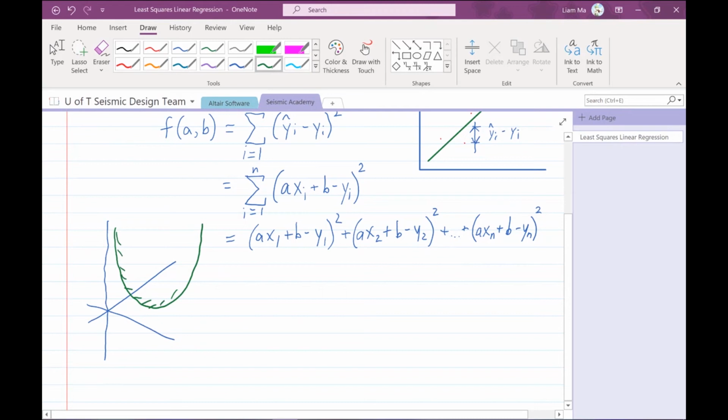You can think of it as a cup, kind of like the bottom half of a sphere or some closed circular object. This looks like a valley, and in this case, I've drawn what looks to be a minimum point, which we'll actually see is the case for this function. So from that, if we want to figure out what the minimum of this is, we need to consider what are known as partial derivatives.